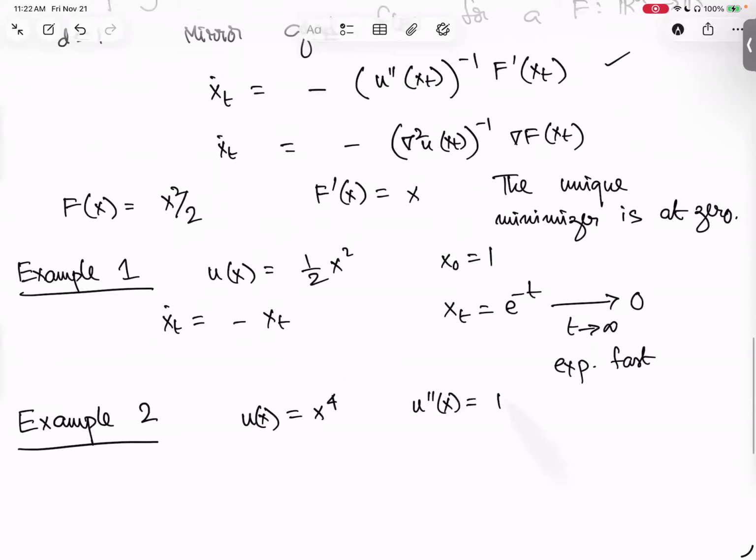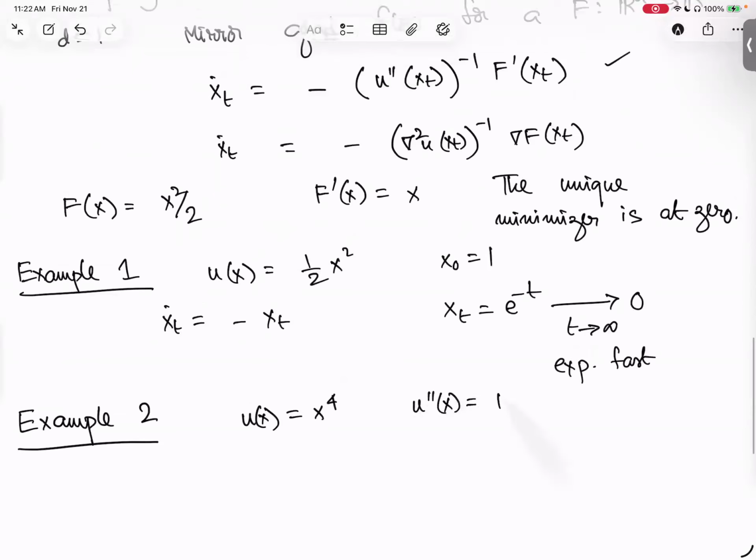A flip side of this is example 3, where I take u of x equals 1 over x. If you do this, then u double prime of x is plus 2 over x cubed.